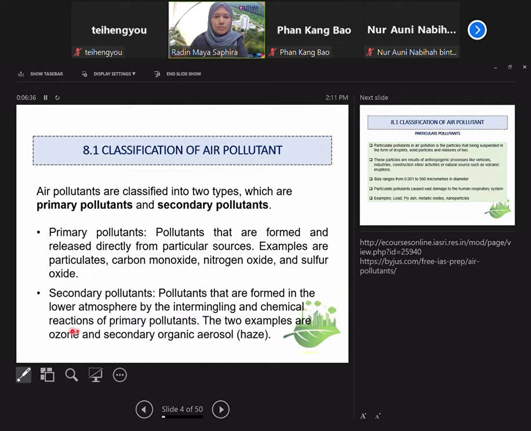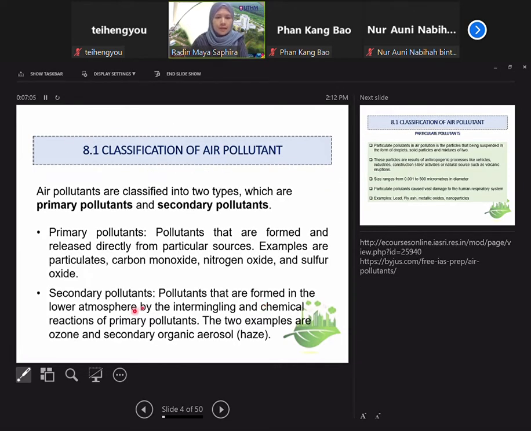For example, ozone actually comes from nitrous oxide and sulfur oxide, which can convert to ozone. Another secondary pollutant is organic aerosol, which forms haze. So both of these are very important classifications to identify for the air pollutants.